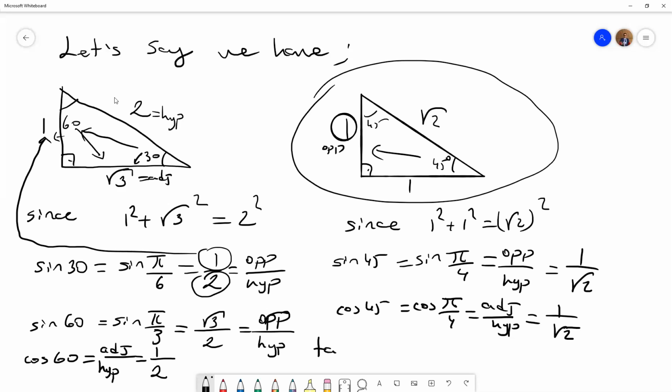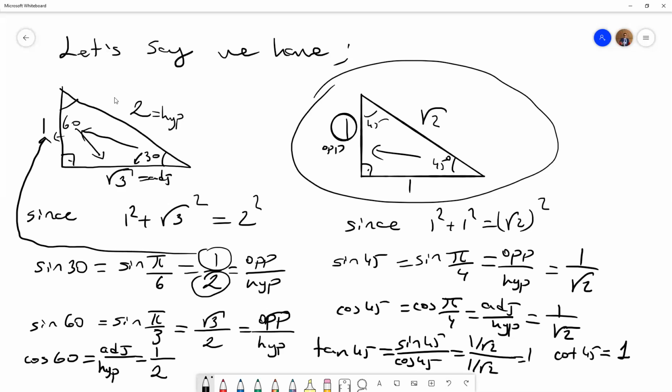And if you want to find tangent 45 and cotangent 45, you know that it is sine 45 over cosine 45. So it is 1 over square root 2 over 1 over square root 2, and it is 1. Also, cotangent 45 is equal to 1.